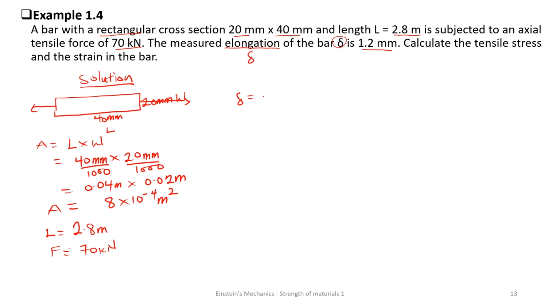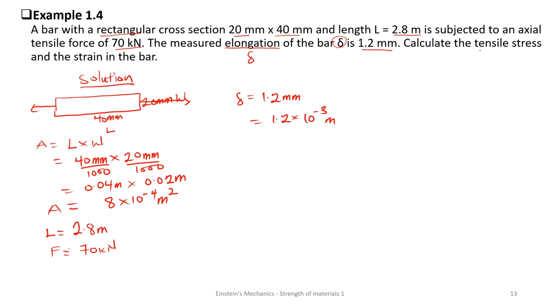Since it is tensile, it is going to elongate, but if it is compressive, it is going to contract. So the elongation was 1.2 millimeters, which we can also convert to meters as 1.2 times 10 raised to the power negative 3 meters.